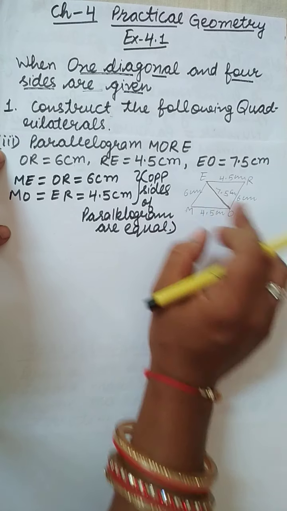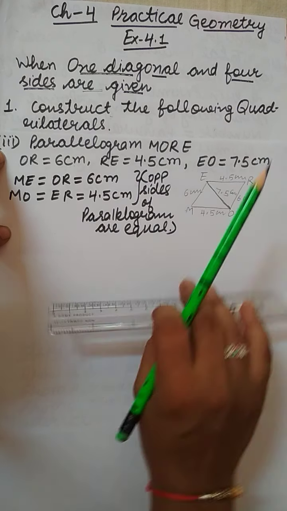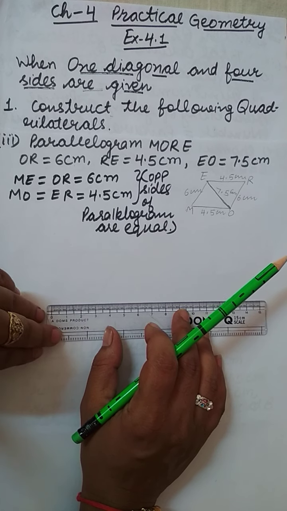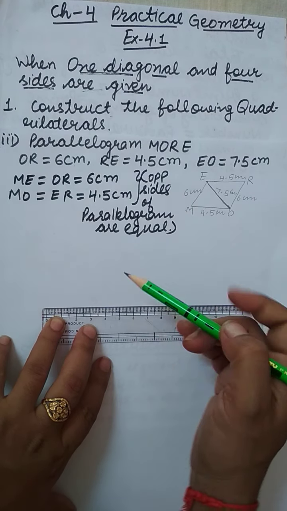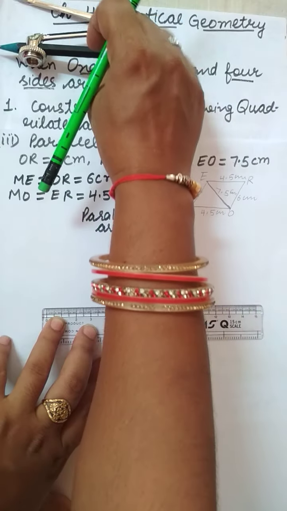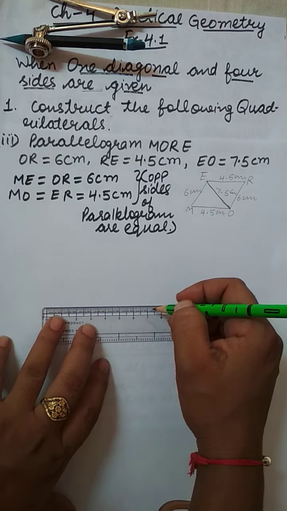Firstly, we will draw the diagonal. The diagonal is equal to 7.5 centimeter. So let us start the construction. Firstly, I will draw the diagonal. This is equal to 7.5 centimeter.